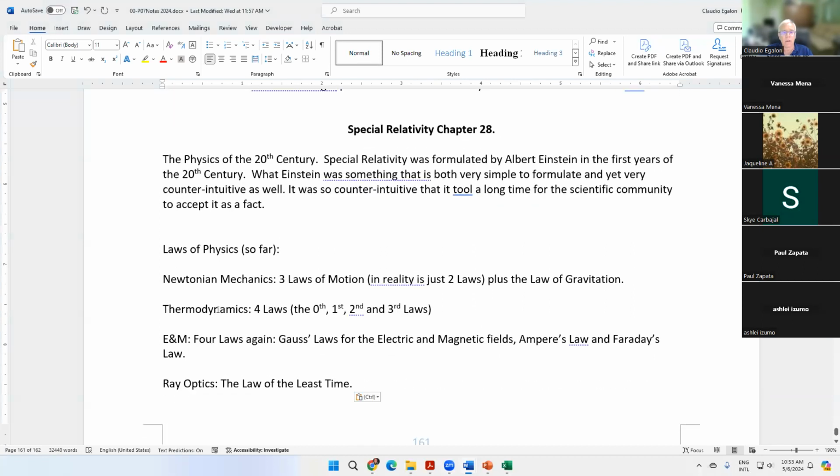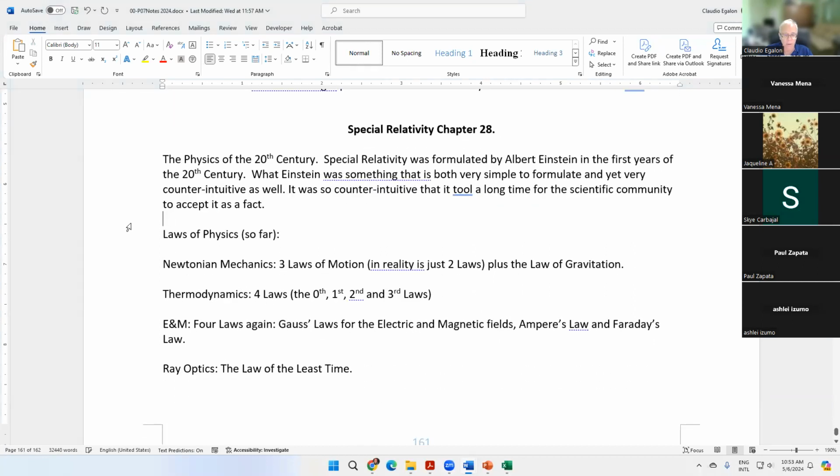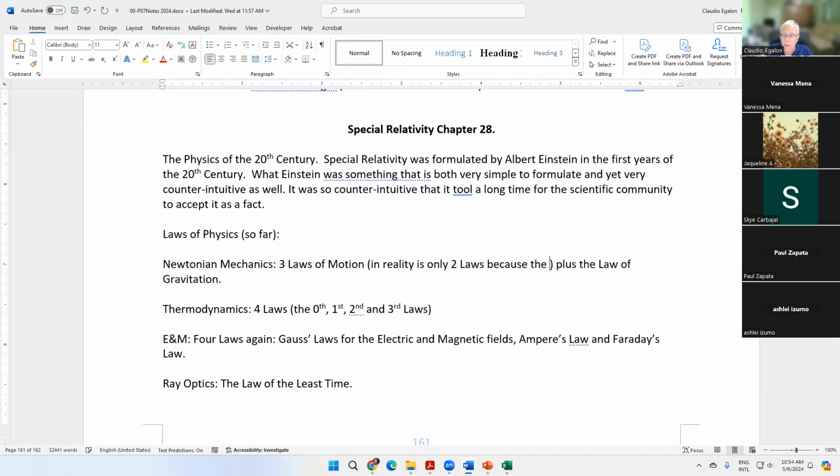Okay, so here you go. Laws of physics so far. Newtonian mechanics, 3 laws of motion. In reality, there are only 2 laws, because the first law is just a consequence of the second, plus the law of gravitation.